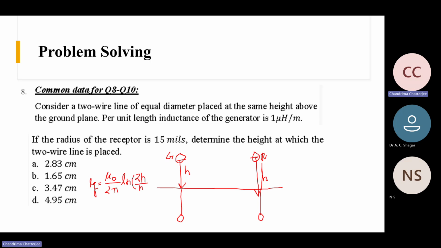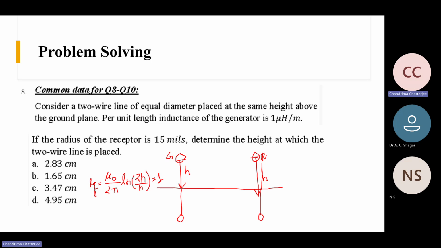Because here the height is the same and the radius is also 15 mils, I am not referring to it as Hg, Hr like this. This is equal to 1 microhenry per meter.